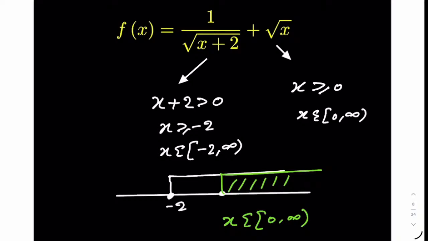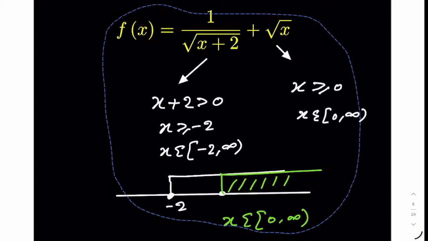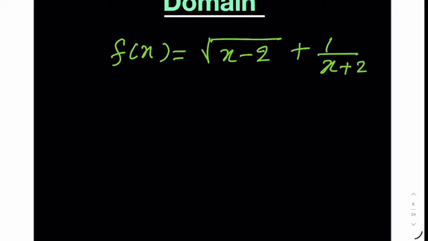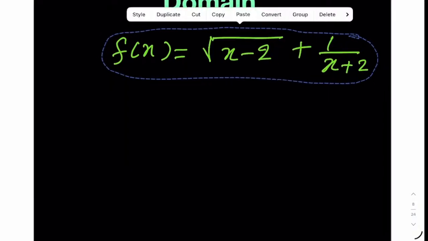Now, next problem. Next one is f of x equal to under root x minus 2 plus 1 upon x plus 2. So our target is, what about the domain?